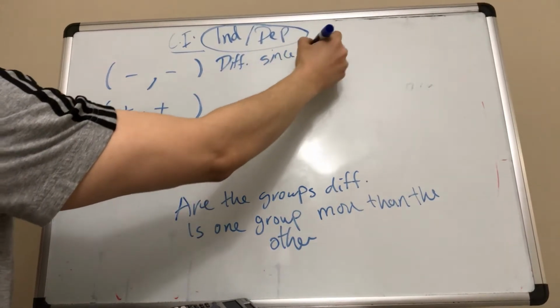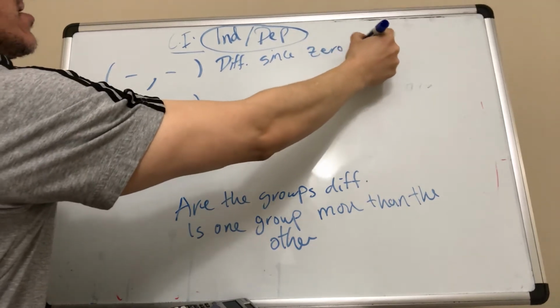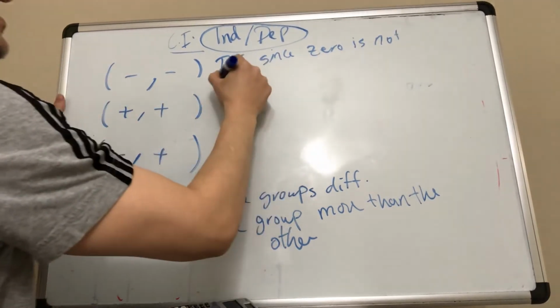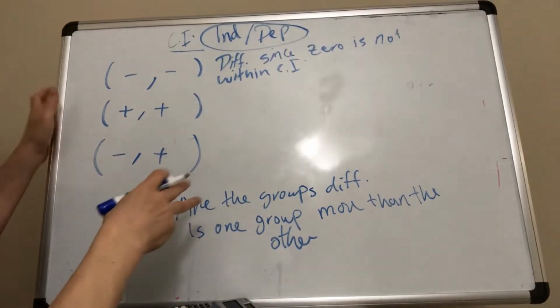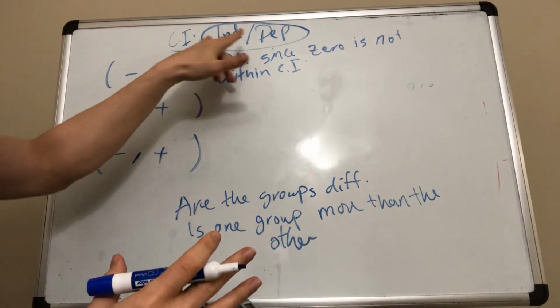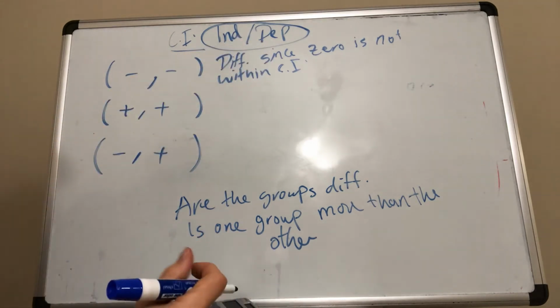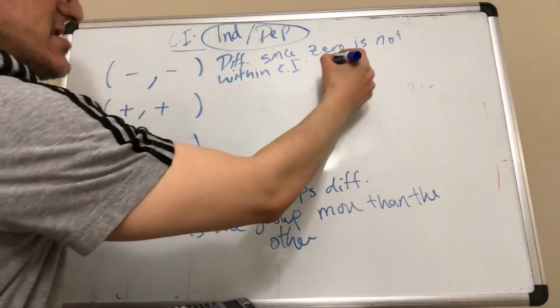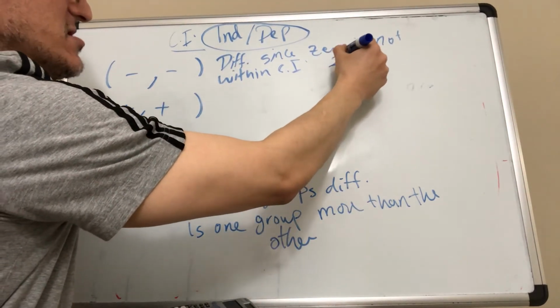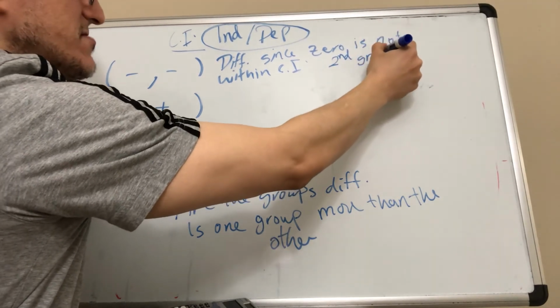Reason is 0 is not within the confidence interval. So if you get two negative numbers for confidence interval independent or dependent, then they must be different since 0 is not within the confidence interval. And the fact that it's negative means the second group is higher.